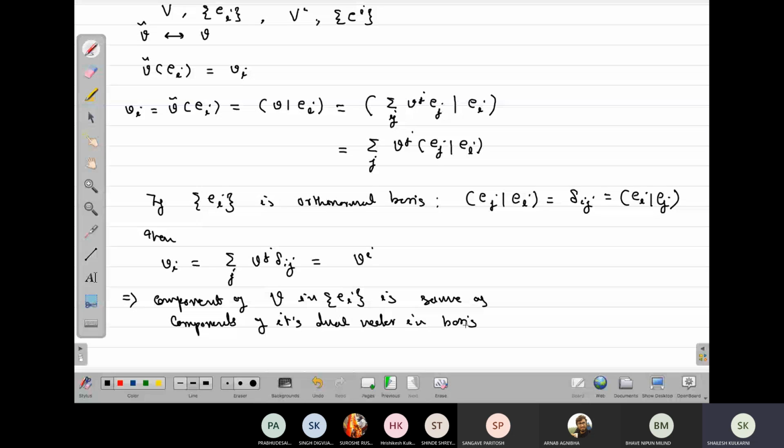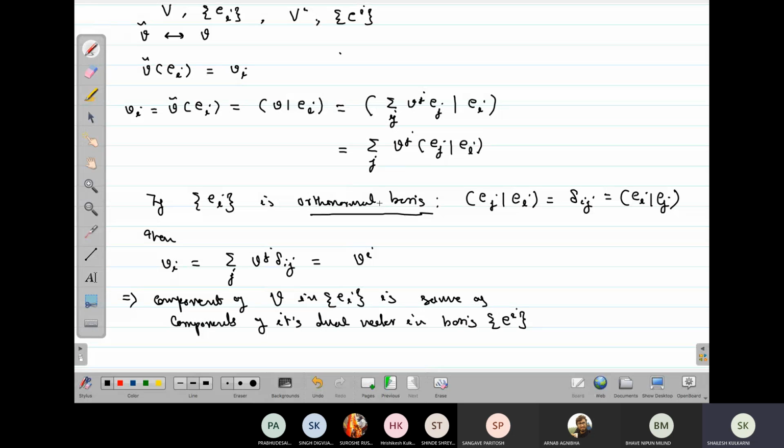In which basis? The dual vector is defined in the dual space, and the dual space has its own basis. But this holds only when this happens. Is it clear?